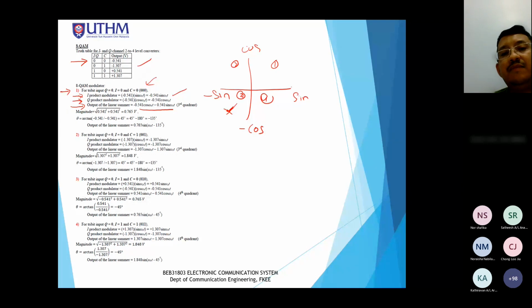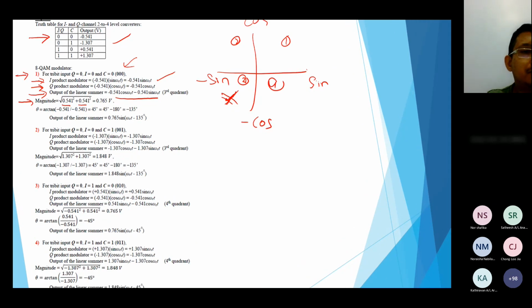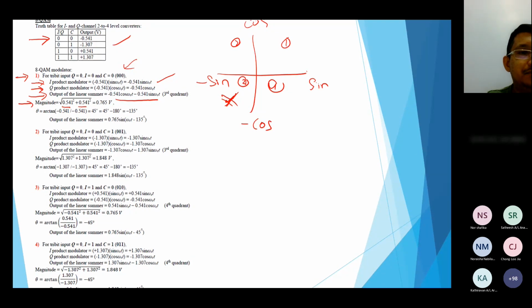So how do we determine the value at the third quadrant? The way we find the magnitude is the summation of quadratic and then square root. The magnitude is 0.541 squared plus 0.541 squared, and then square root, and you get 0.765 volt.